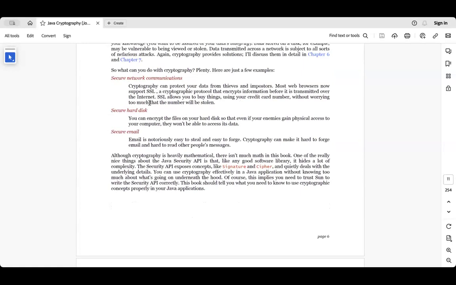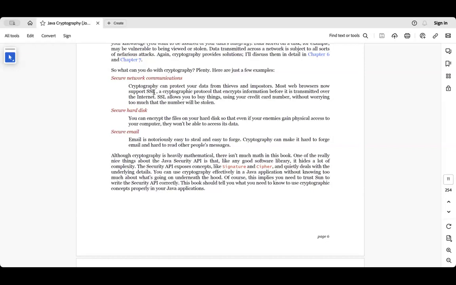Most web browsers now support SSL, a cryptographic protocol that encrypts information before it is transmitted over the internet. SSL allows you to buy things using your credit card numbers without worrying too much that the number will be stolen. So by using cryptography, you can have secure network communication by using SSL.